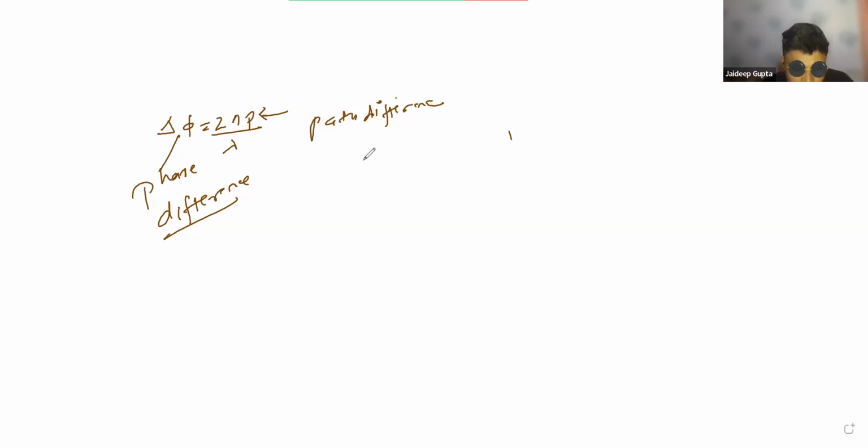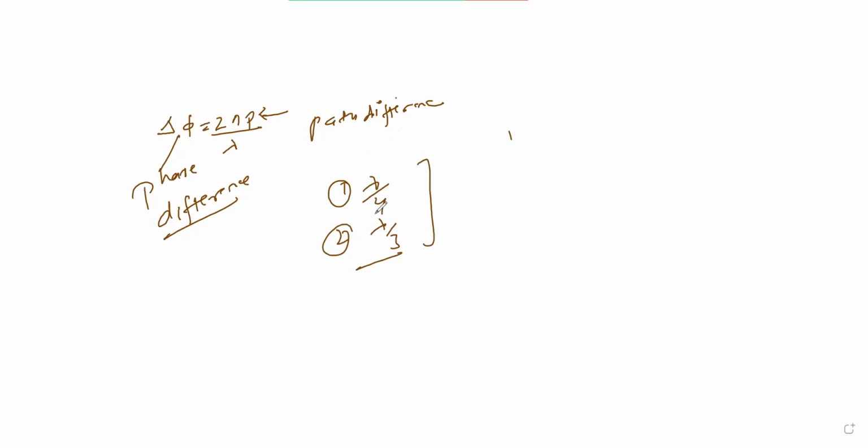the intensity at a point on a screen where the path difference is lambda is k units. Full stop. Find the intensity at a point where the path difference is, first, lambda over 4, second, lambda over 3. Sir, can you repeat? Yes. In YDSE experiment, the intensity of light at a point on the screen where the path difference is lambda is k units.